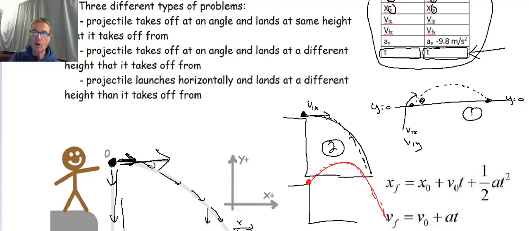It's going to be fired off at some angle with some initial velocity, it's going to start out at some initial Y position, and it's going to end up at another Y position that is not the same as the initial Y position. Those are the basic 3 types of projectile motion problems that we're going to be solving.